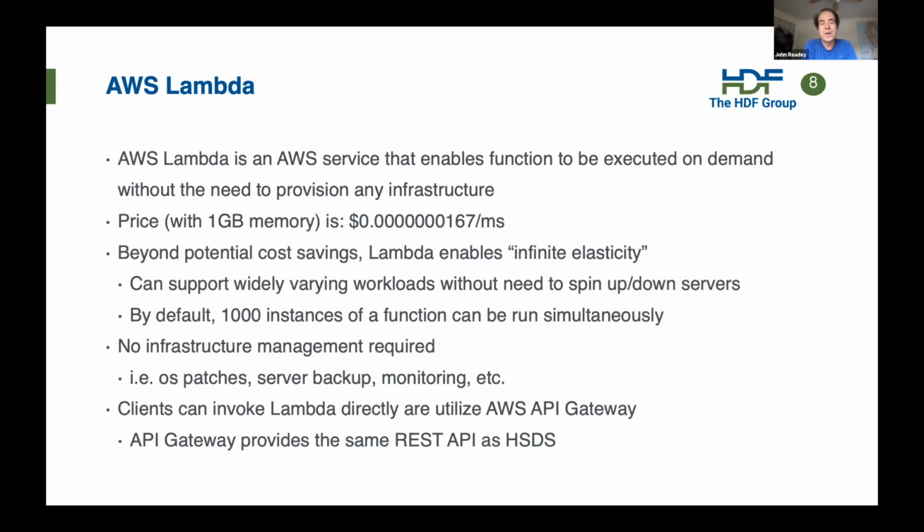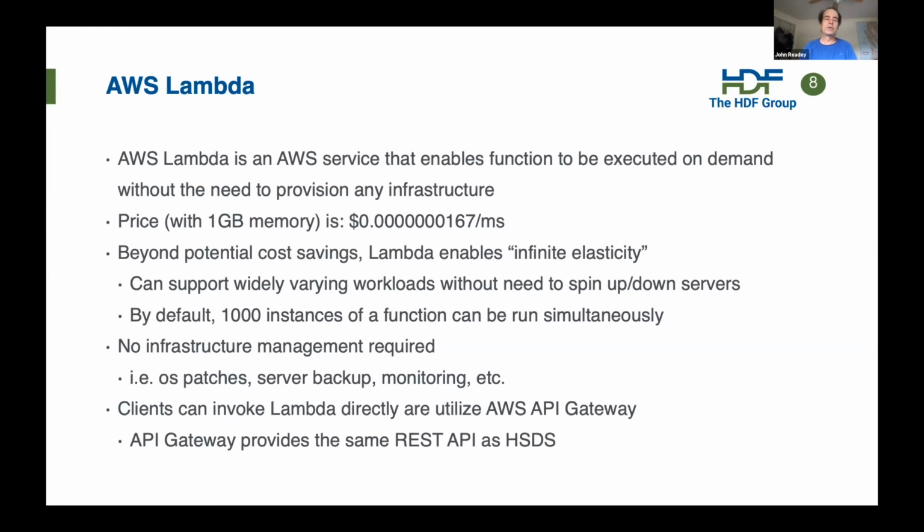That sounds great, but beyond the cost savings, you have the benefit of infinite elasticity. What I mean is that if you have no clients making requests, there's no cost. If suddenly 1,000 clients come making requests, it just automatically provides that capacity to scale up. And there's no infrastructure to do it. No server setup, no OS installations, patches, all that stuff.